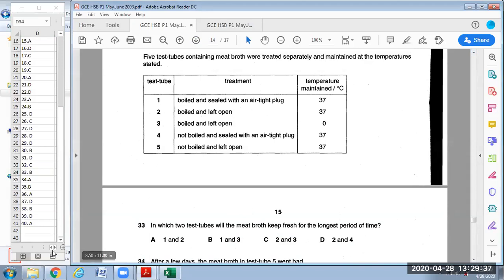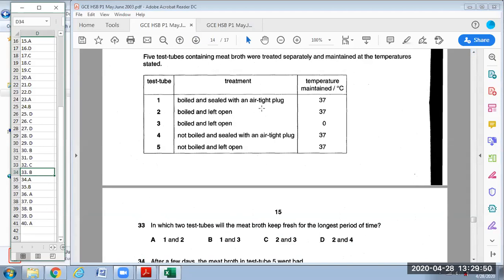The answer is B, because 1, boil and seal with airtight plug. Well, you're boiling it to kill the bacteria. And if you put it in an airtight plug, because it has no air, no bacteria could grow in it. So this is a good method to keep the meat lasting long.